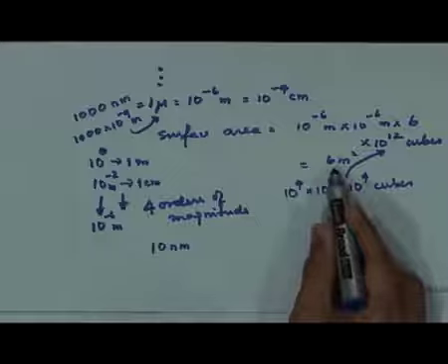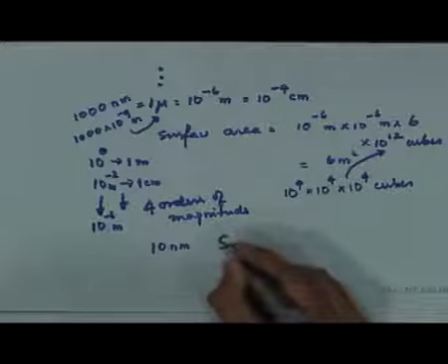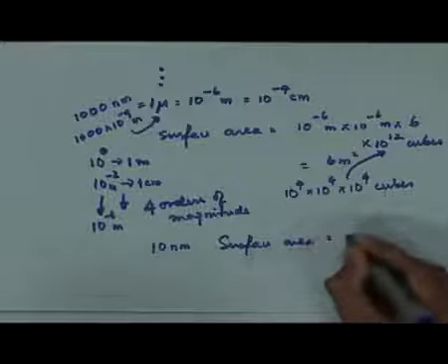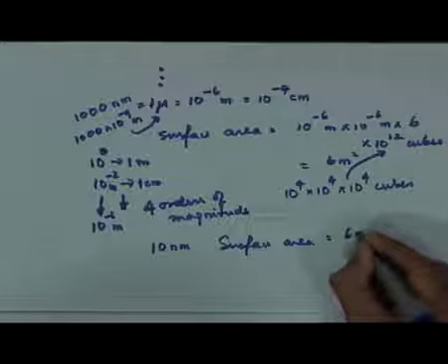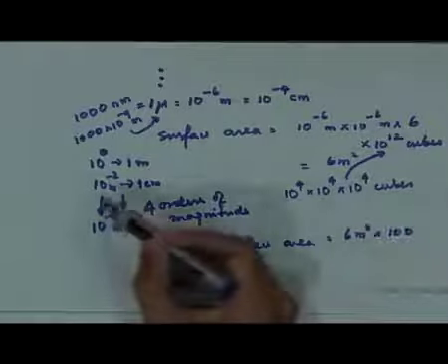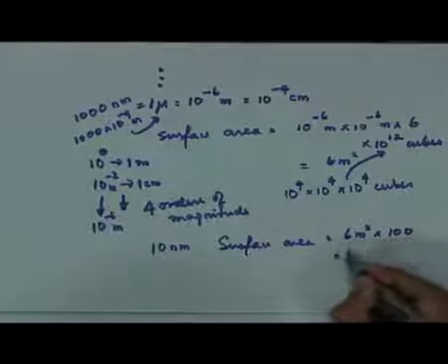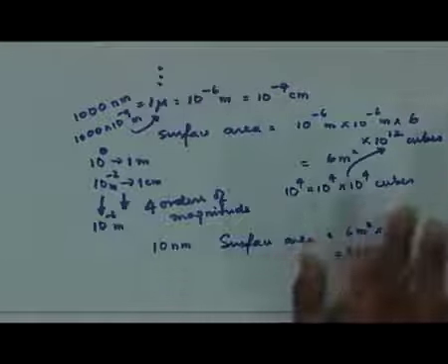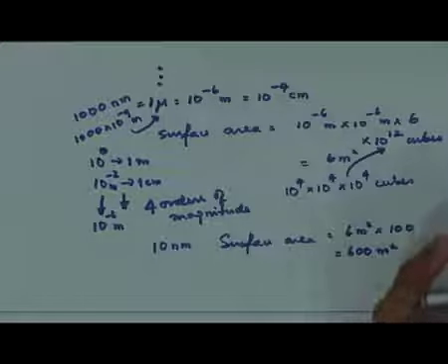So I go from 6 meters square, and the total surface area then becomes 6 meters square into 100, the total number of divisions that I have got. So I have got 600 square meters. And what am I trying to illustrate with this calculation?